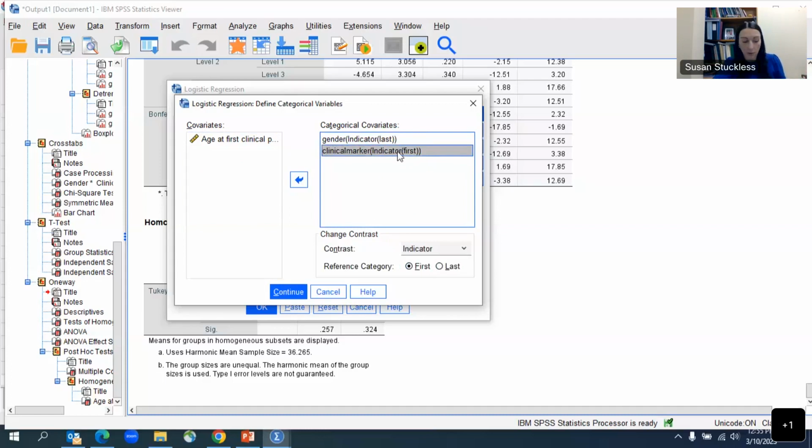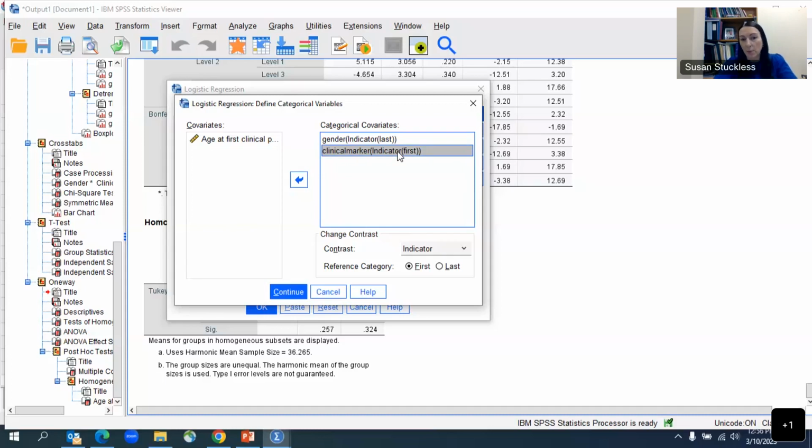So in my situation, level 3 is going to be my reference. So I want to compare level 1 to level 3 and level 2 to level 3. I can't compare level 1 to level 2 this way. I'd have to set it up as first, level 2 versus level 1, and level 3 versus level 1. But then level 2 and 3 don't get compared.